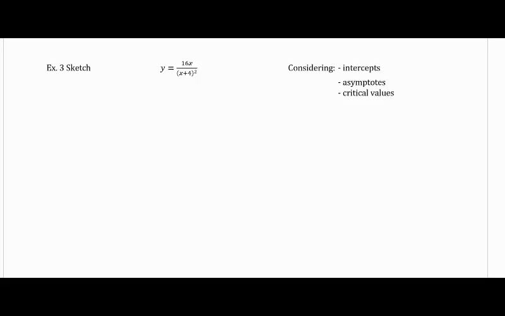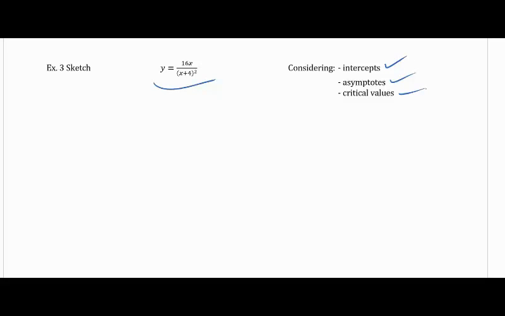The only thing that's different is after we do the intercepts, the vertical asymptotes, and the oblique asymptote, we then have to do the critical values table. This is what I'm talking about. You would get a question on a test that said, sketch the following considering intercepts, asymptotes, and critical values.